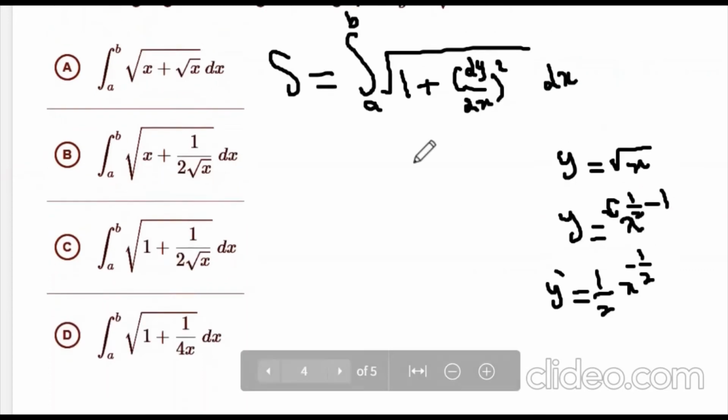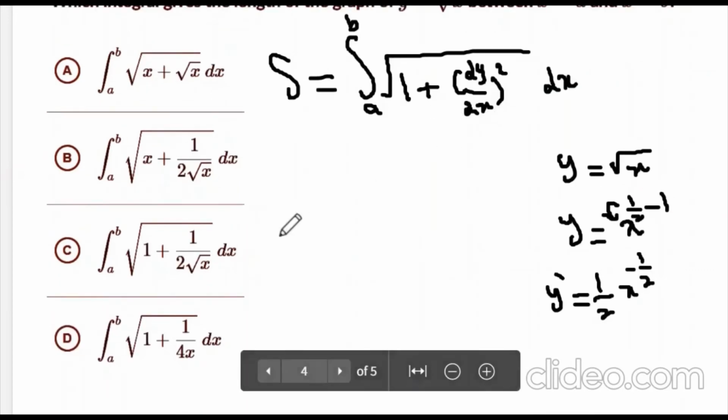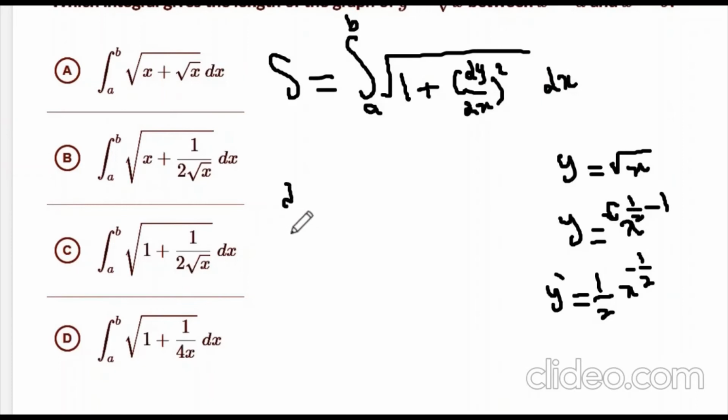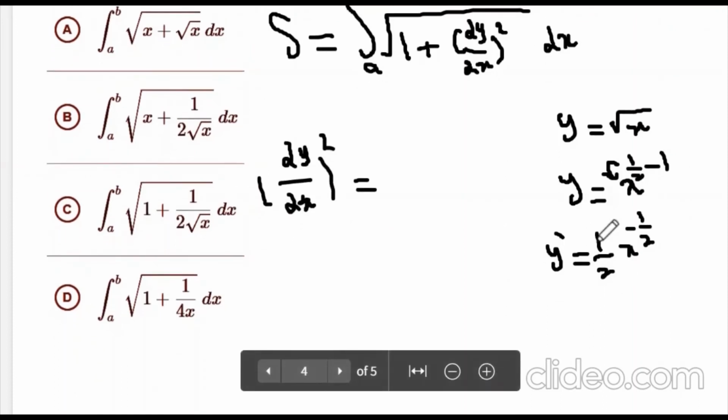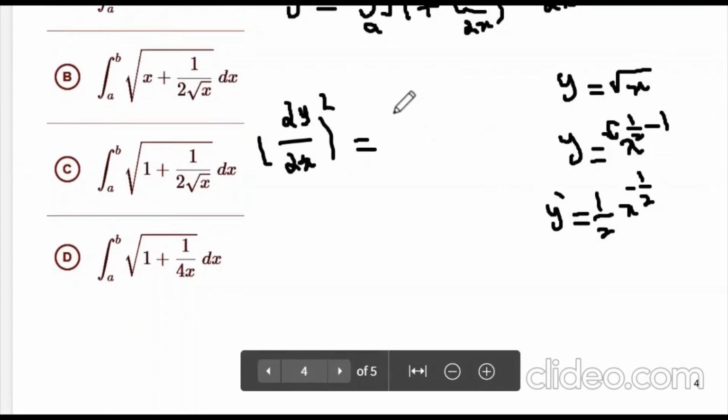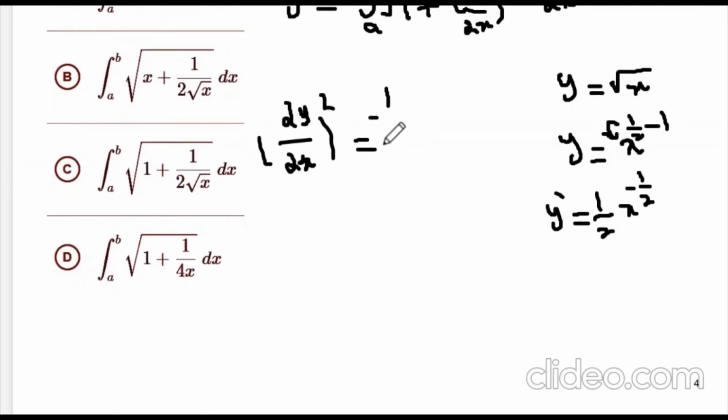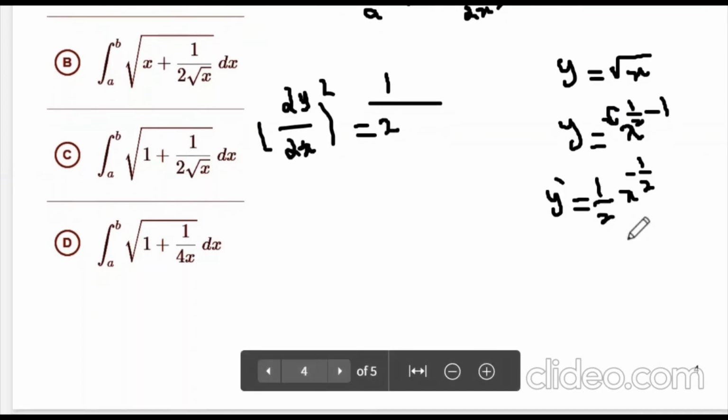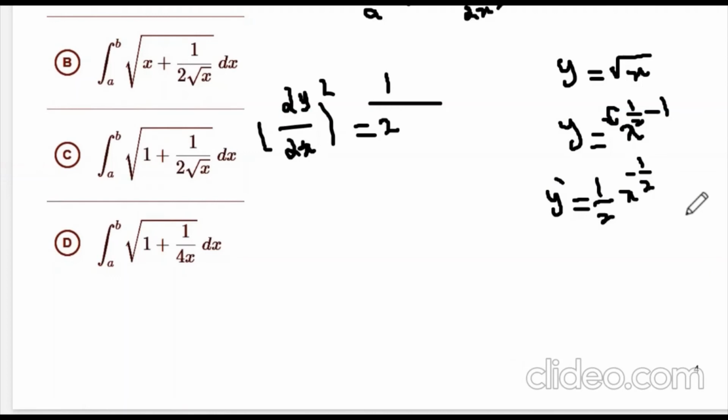And now I'm going to use the derivative squared, which is dy over dx squared. So I'm going to keep the half the same as it is, so half. Then we know that x to the power of half is the same as the square root of x.